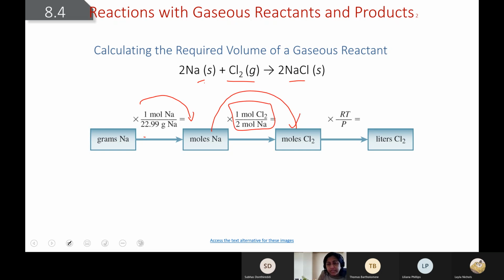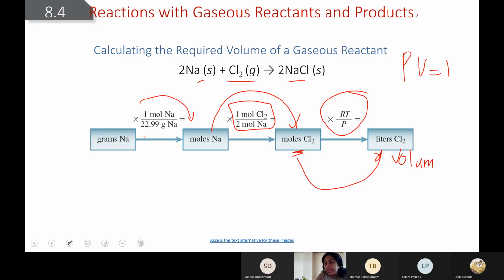We get this from the stoichiometry relationship, obtained from the balanced chemical equation. Now we need to change the moles of Cl2 to its volume. Who comes to help us? Yes, this ideal gas law equation, PV equals nRT.